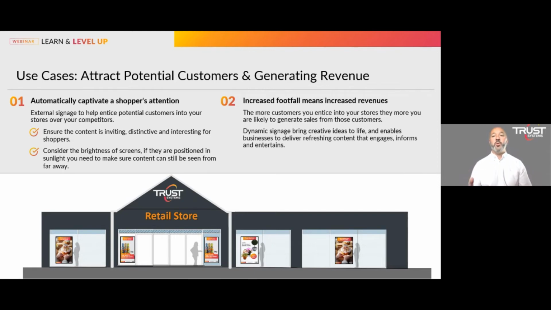They are there all day, all week, all month. With dynamic signage, you can change that content to make it distinctive and interesting for shoppers at different times of day. And that's through scheduling, through working with your media teams to make sure we've got the right content delivered across multiple stores at the same time, or to unique stores with a personalized message, depending on what you want to do.